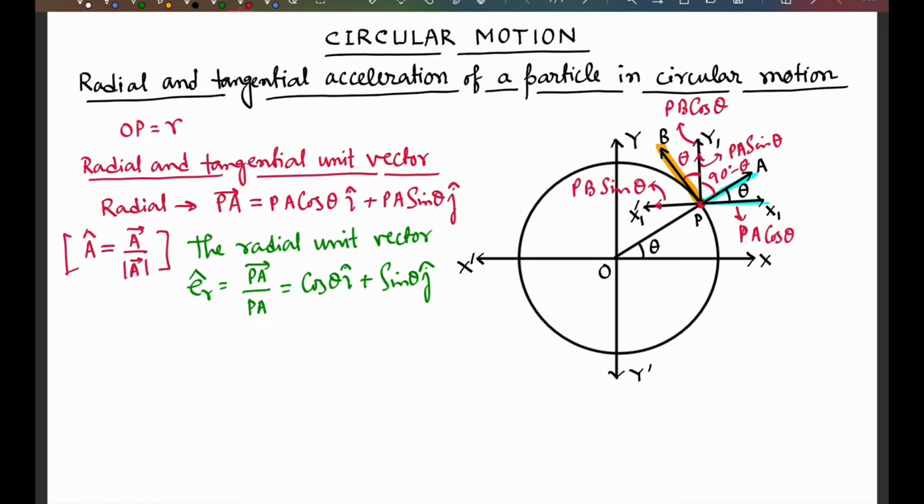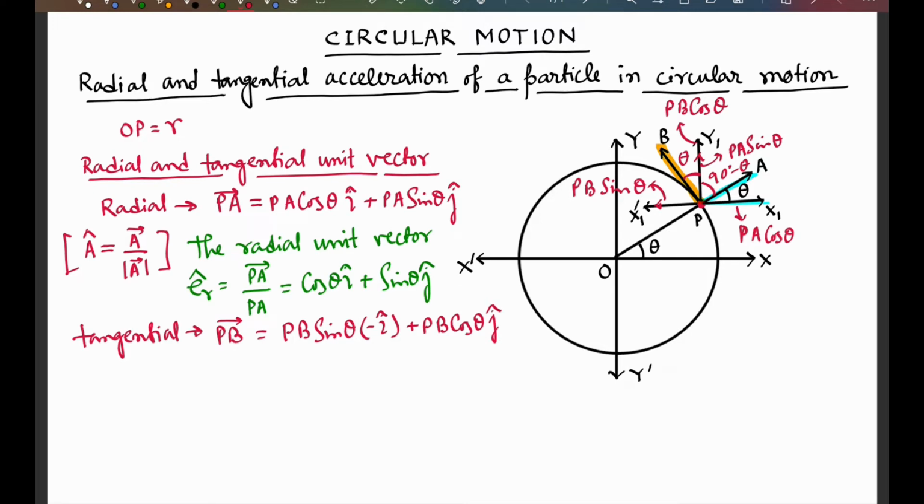Therefore, the tangential component PB is PB sin theta, this is the x component, and this is along negative x-axis, therefore this is minus i cap, plus PB cos theta, this is along positive y-axis, for that reason this is plus j cap.